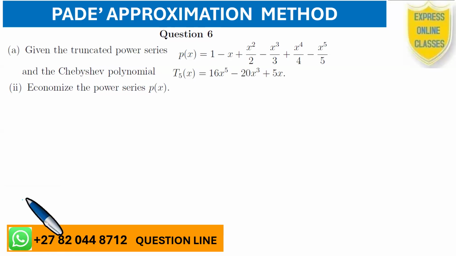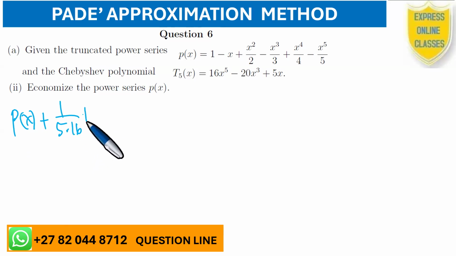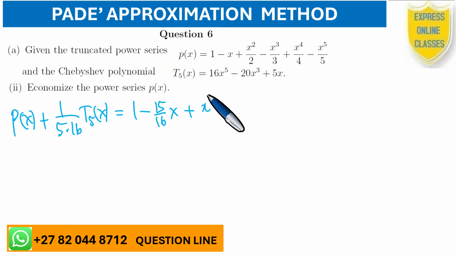So the economized power series becomes P of x plus 1 over 5 times 16 T5x, 15 out of 16 x, which is minus 7 out of 12 x cubed.